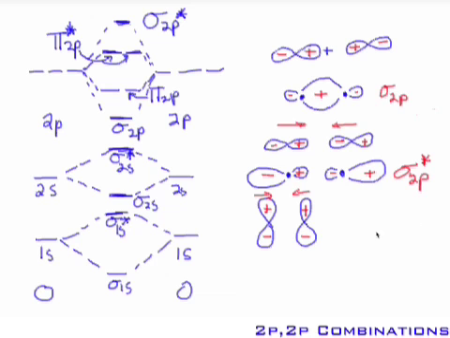Well, where they overlap, there's enhancement. So above the two nuclei, there's going to be an orbital, something like that, because of overlap. And below the nuclei, there's going to be an overlapped orbital. And this one's positive amplitude, that's negative amplitude. And so this is what the pi 2p looks like. An overlapped orbital like that.